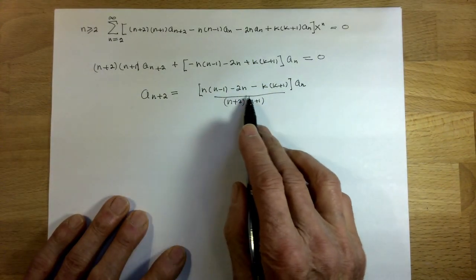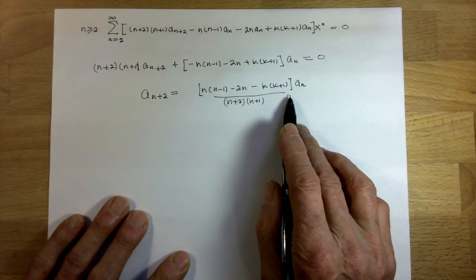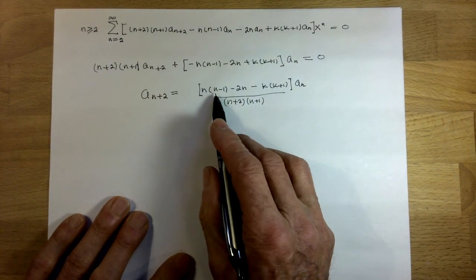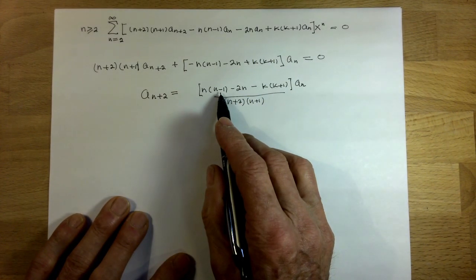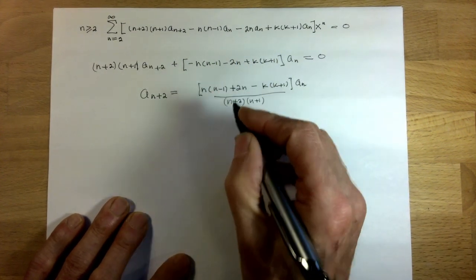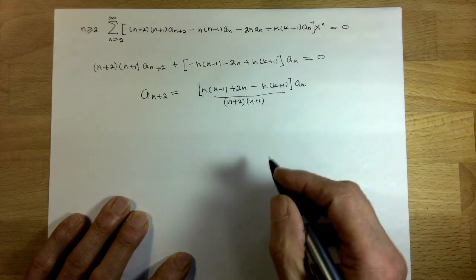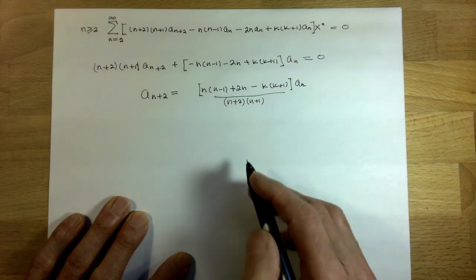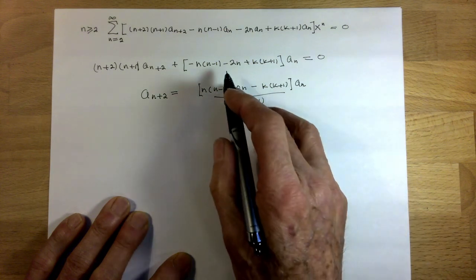Now, let's take a look at this expression up here and simplify that just a little bit. We would have n squared minus n plus 2n when we bring it over, minus k times k plus 1. I made a sign mistake. When I brought it to the other side, I have to change that sign.